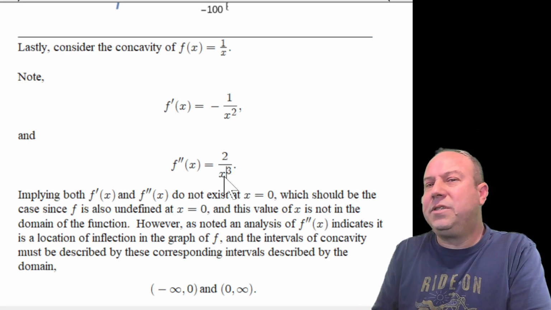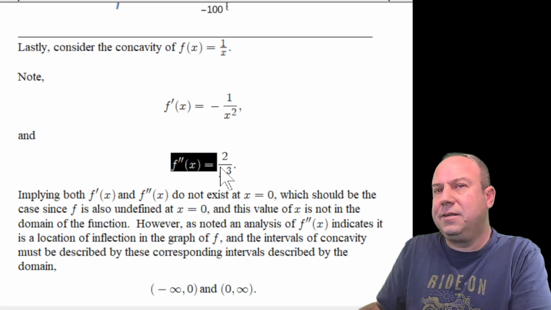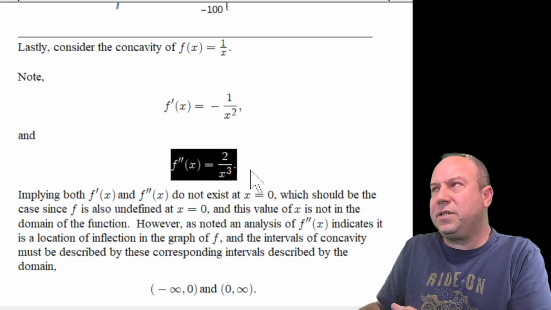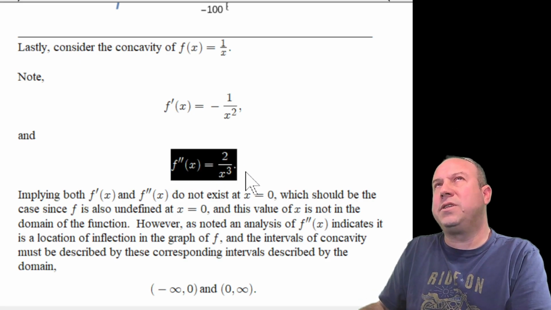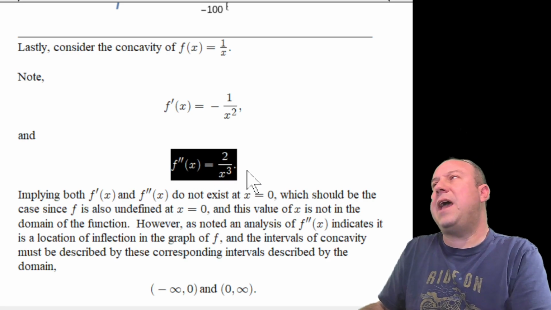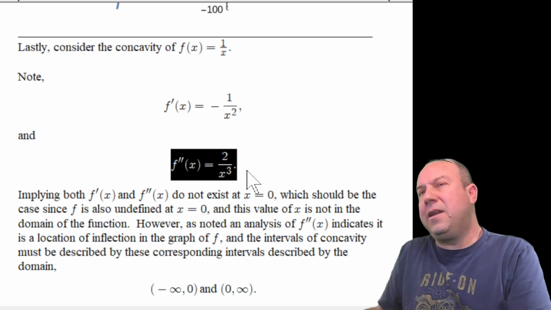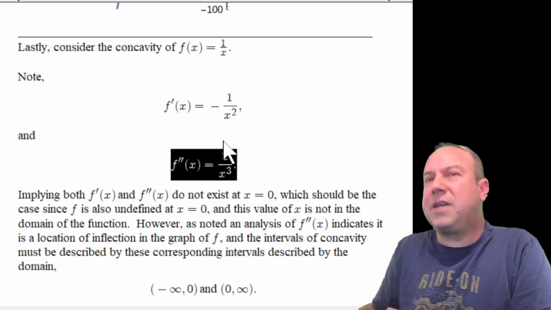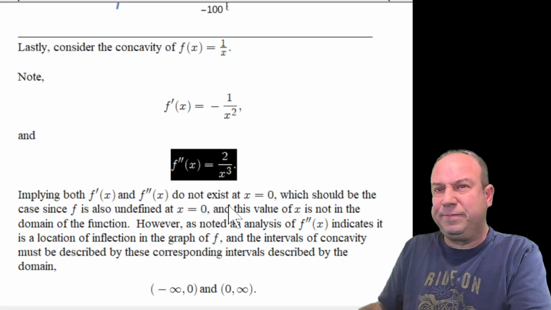And thus it will decrease before 0, and if it's decreasing before 0, it's concave down, and it will increase after 0, and if it's increasing after 0, it's concave up. Right?